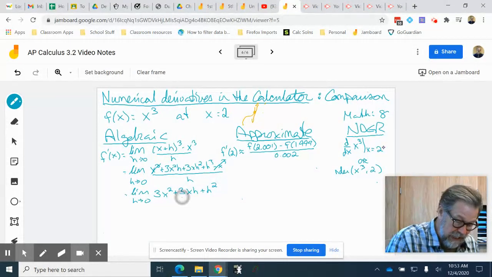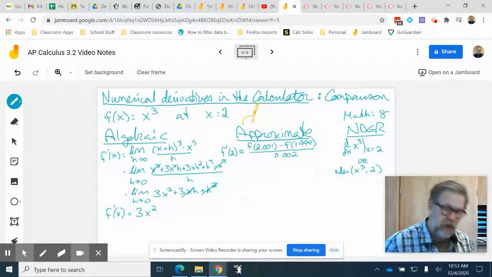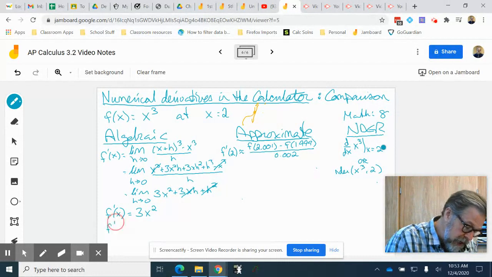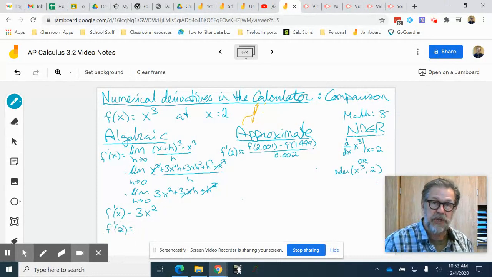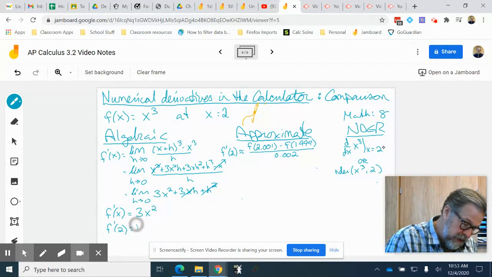And of course, as h goes to 0, those become 0. So this becomes 3x squared. The derivative of x cubed is 3x squared. Now, I was asked specifically for the derivative of x cubed at 2, and so that's going to be 12.